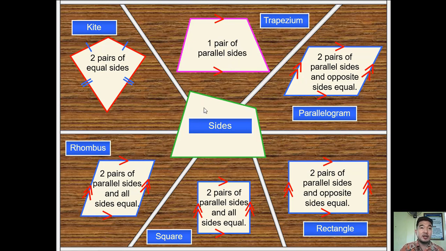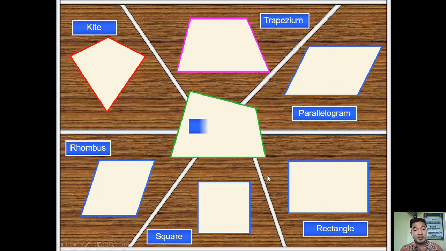With the same with the triangles, we have classifications of triangles according to sides. Then, with quadrilaterals, we also have properties of quadrilaterals according to sides and angles. So we move on to the properties of the quadrilaterals according to the angles.